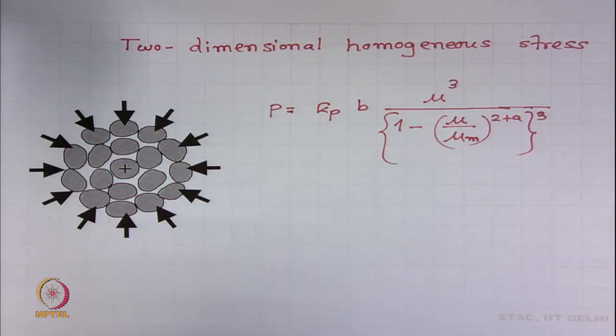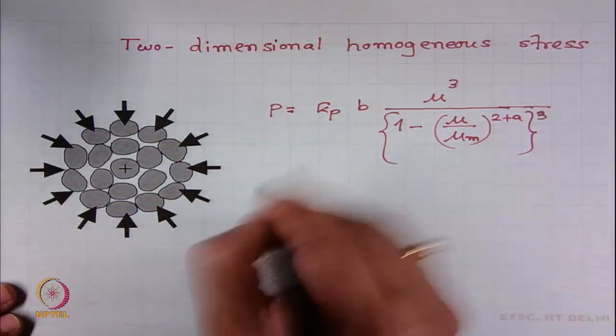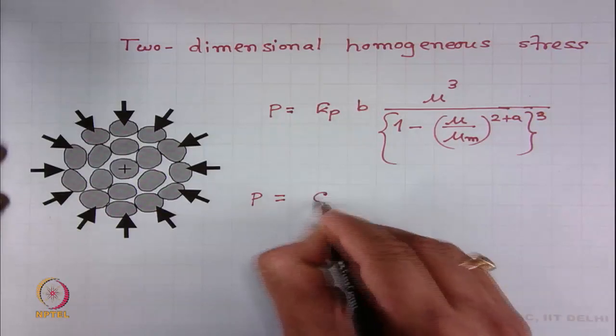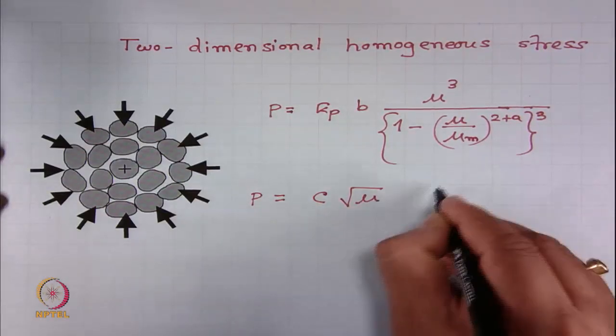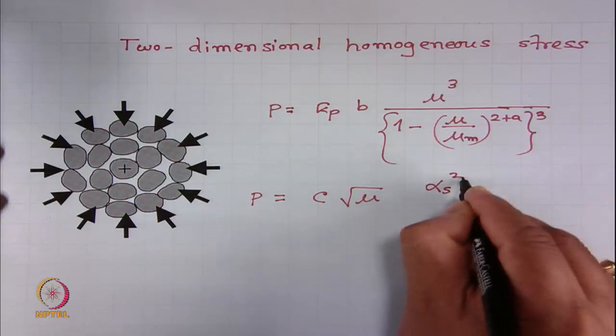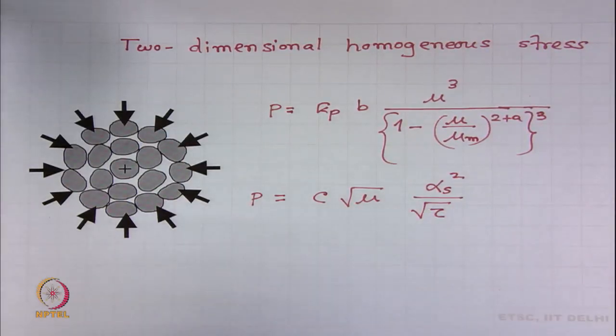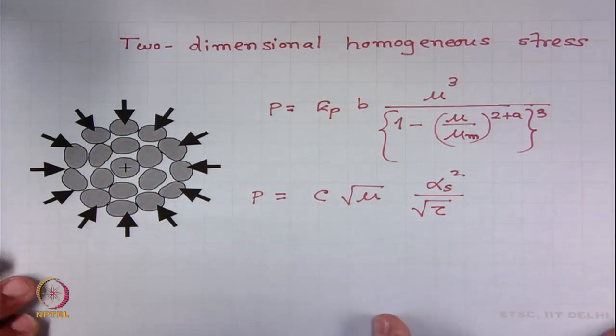Now, we will compare our this equation with our earlier derived expression. Our earlier derived expression was C times mu alpha s squared by root over tau, right. Now, what we will do? We will make these two equations equal.